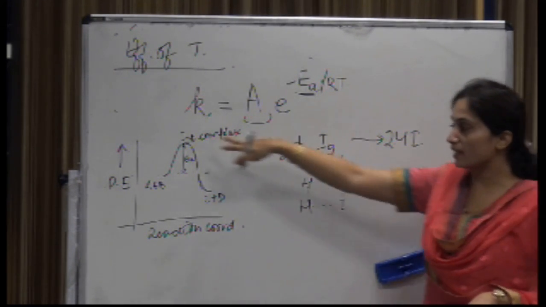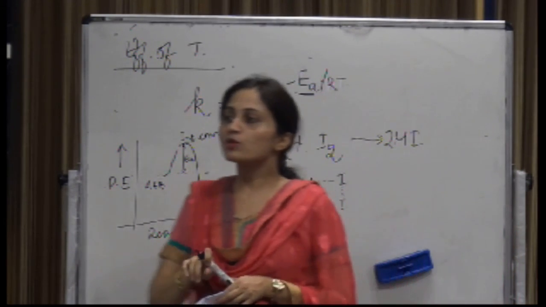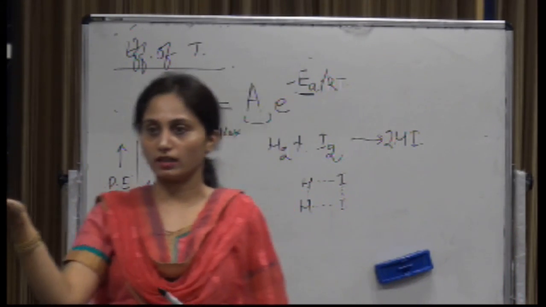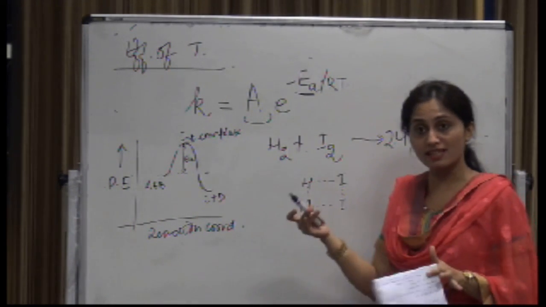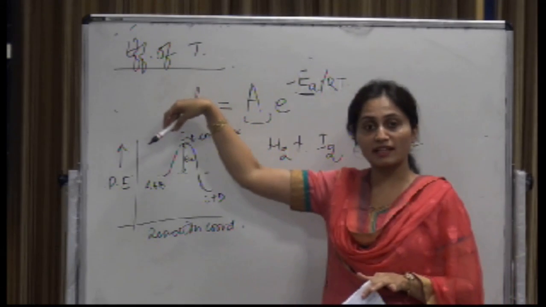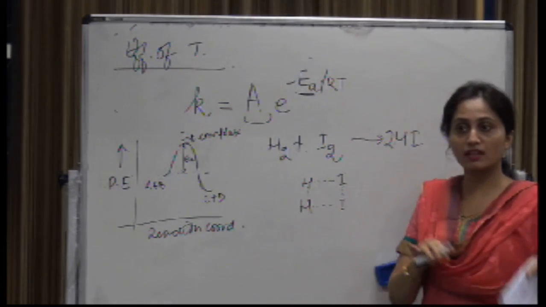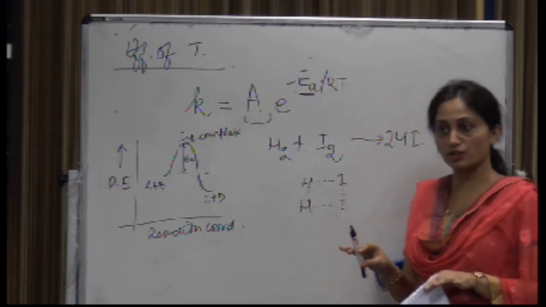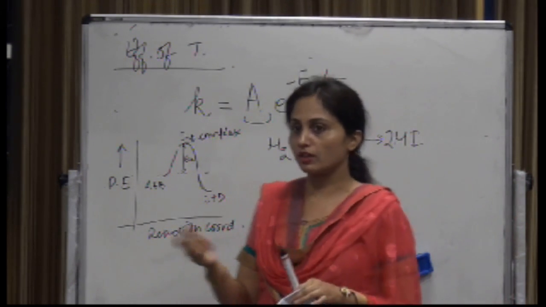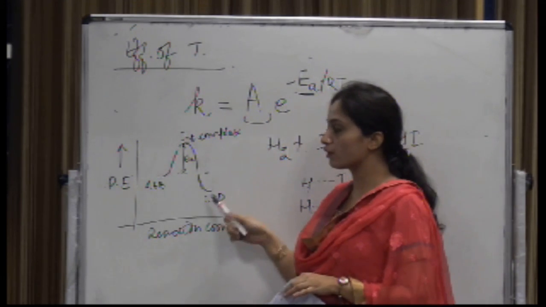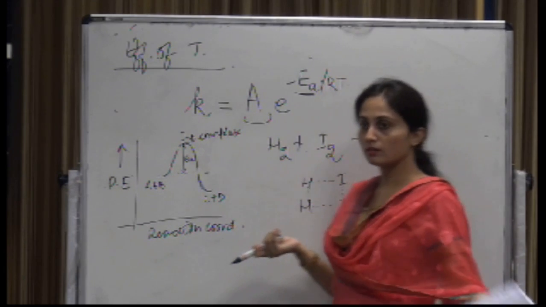The energy of this complex is high, because anything unstable will always have high energy. Okay? So if you have a complex which is unstable, definitely that will be lying at a higher energy. Remember, instability is always related to higher energy, and the lower the energy, the greater the stability. That is why, otherwise what is the need for the reactants to undergo a particular reaction to form products?